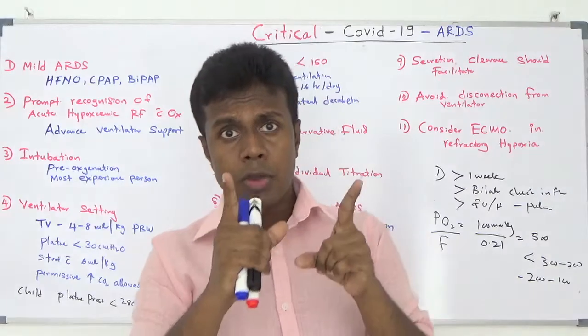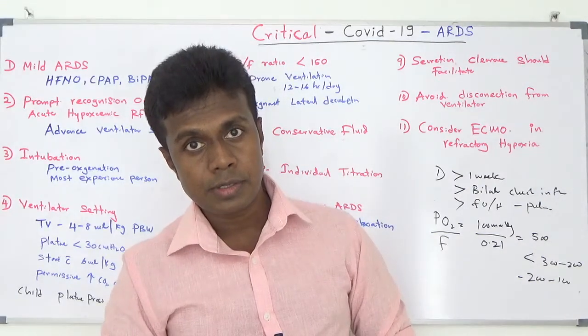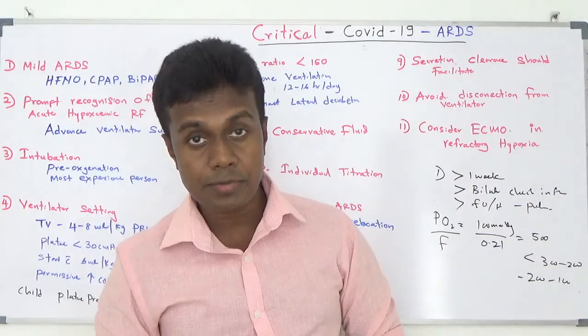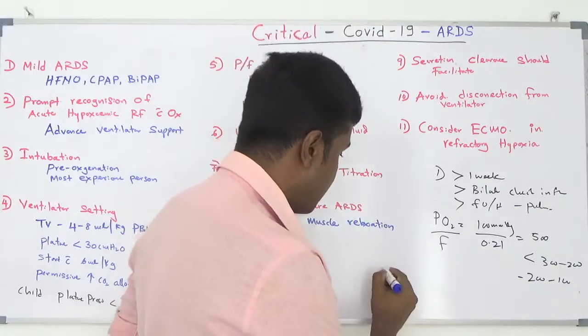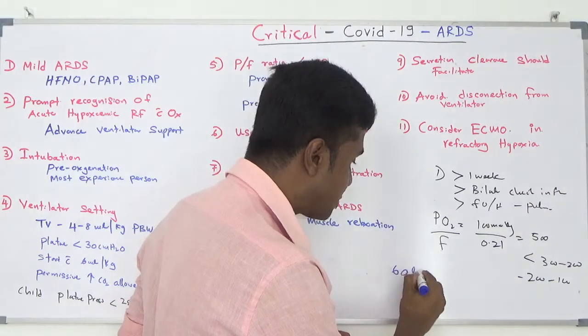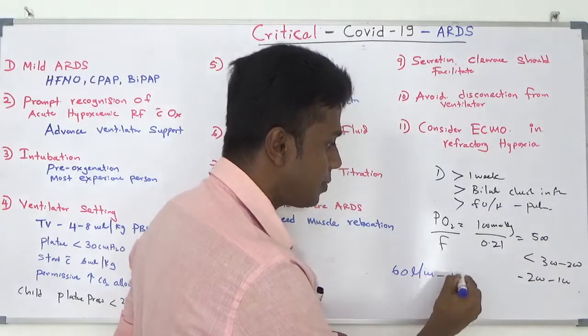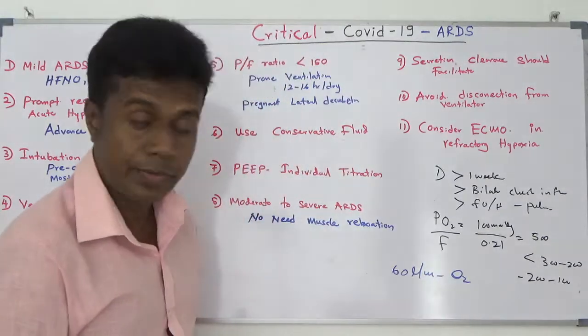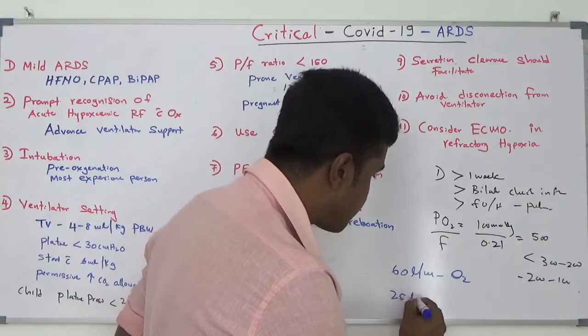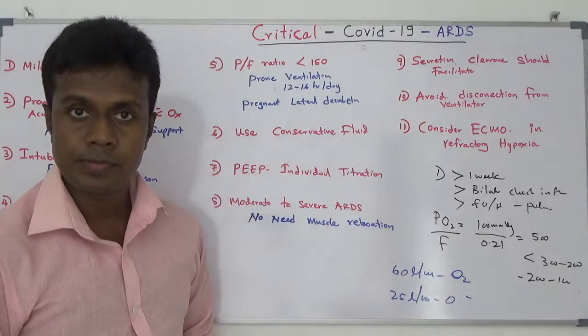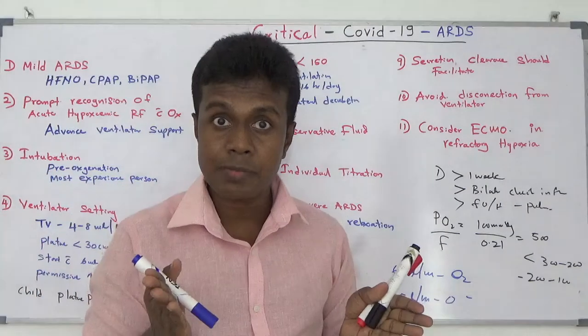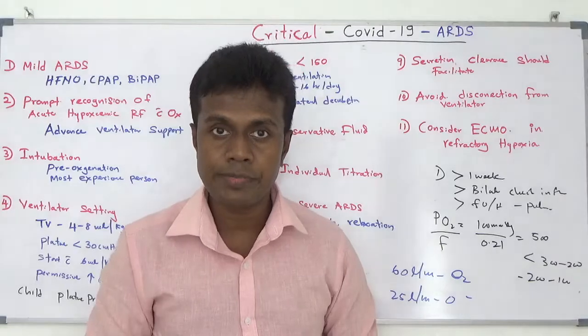If you want to give high flow nasal oxygen, sometimes you will be in trouble. Why? High flow nasal oxygen sometimes gives 60 liters per minute of oxygen in adults, roughly about 25 liters per minute in pediatrics. So at this time oxygen is very crucial.